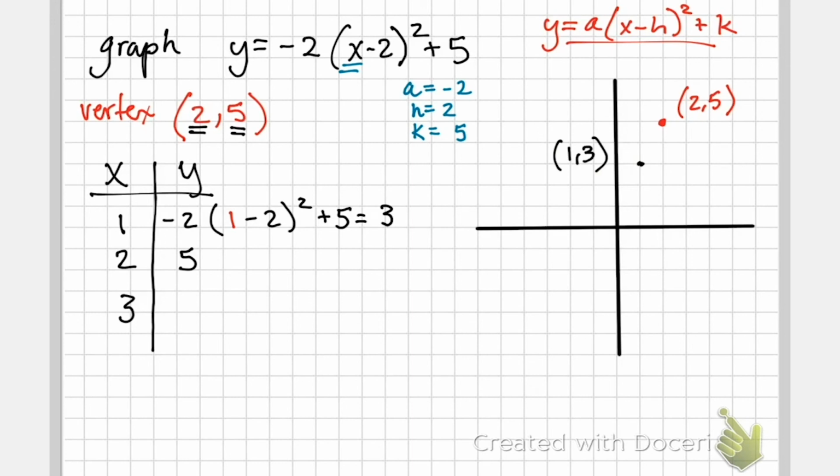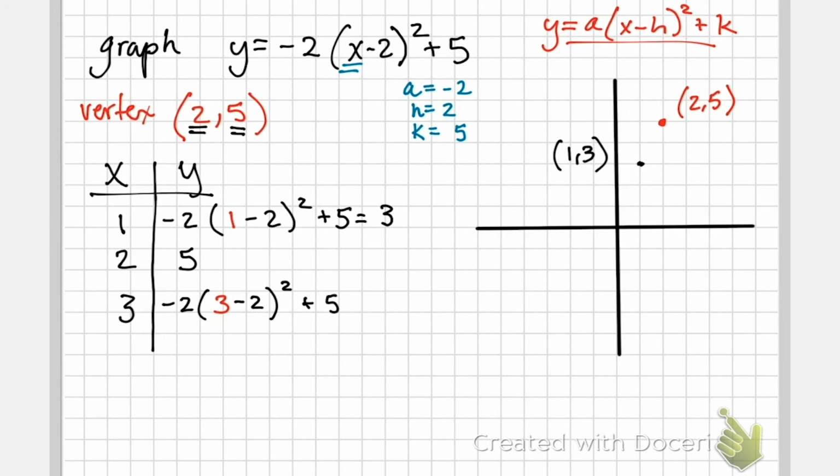All right, let's do the same thing for 3. When I plug 3 into the equation, -2 times (3 minus 2) squared plus 5. Let's figure out what this is equal to.